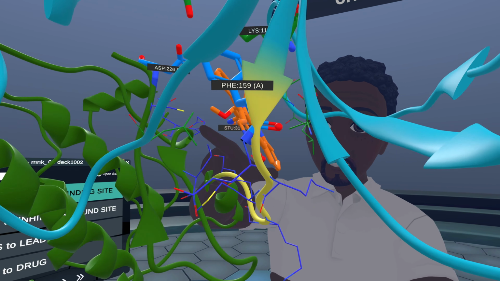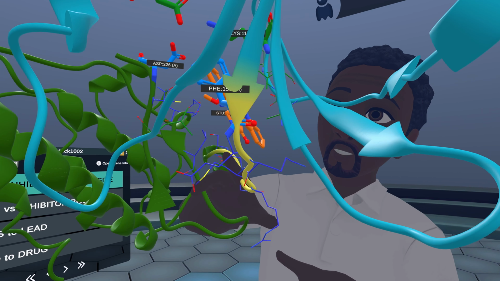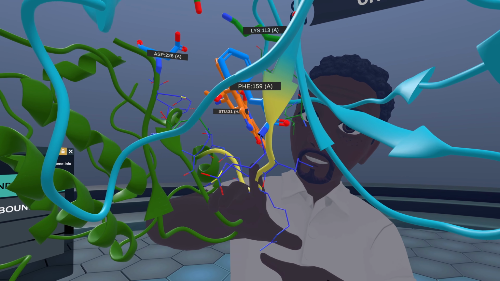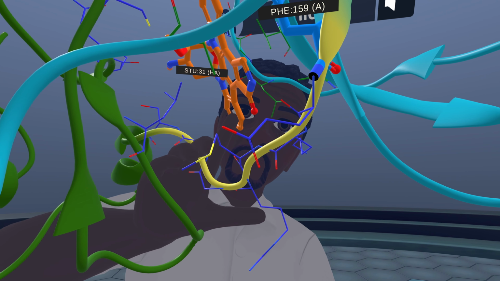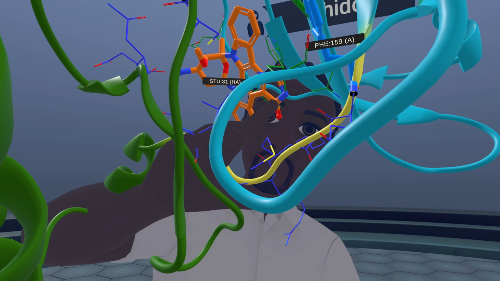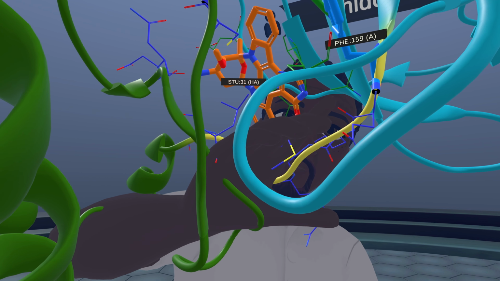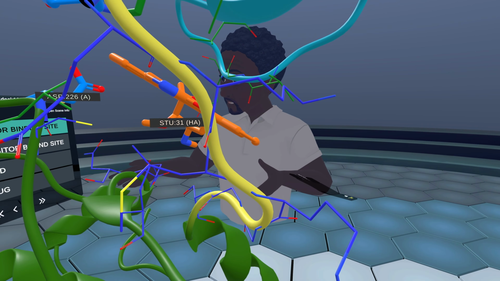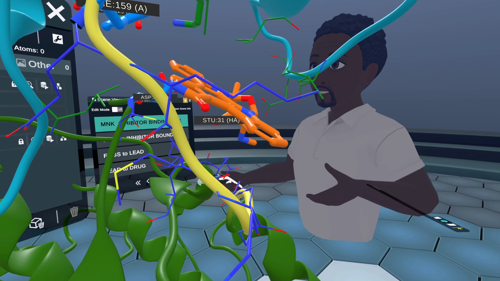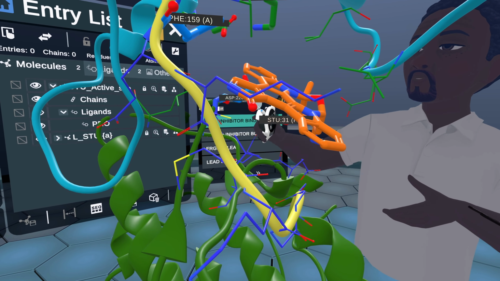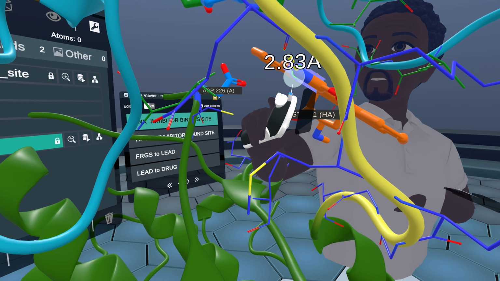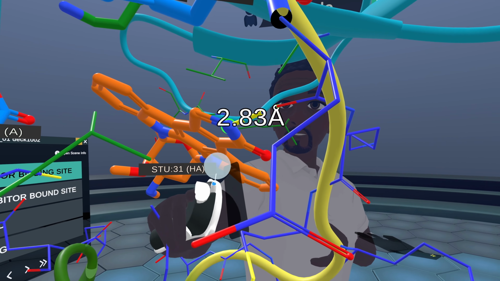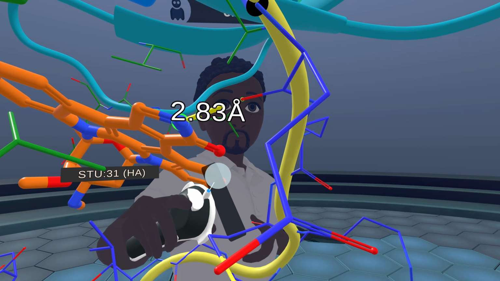In this case, what we have is Staurosporine forming a hydrogen bond between the backbone of this threonine here and a hydrogen bond donor pair. In order for us to actually imagine some of these interactions, we could just in Nanome measure the distance between that oxygen and that nitrogen, and that definitely is within hydrogen bond distance.